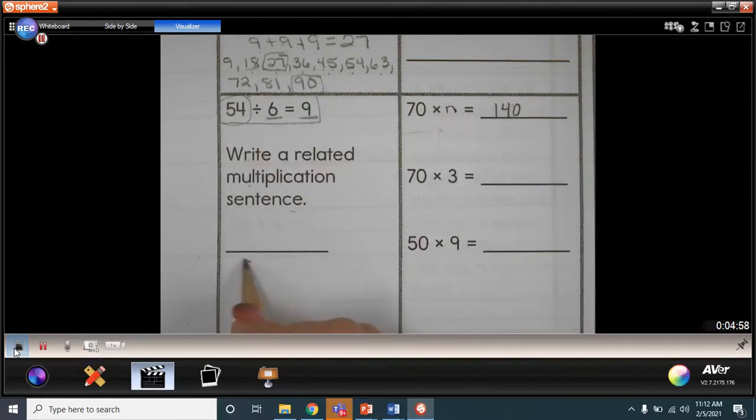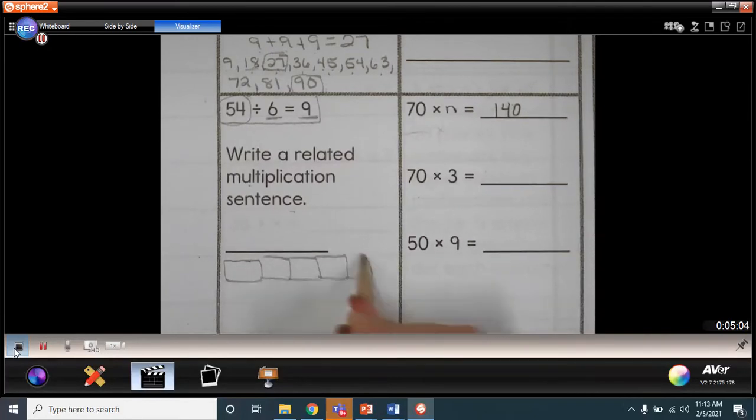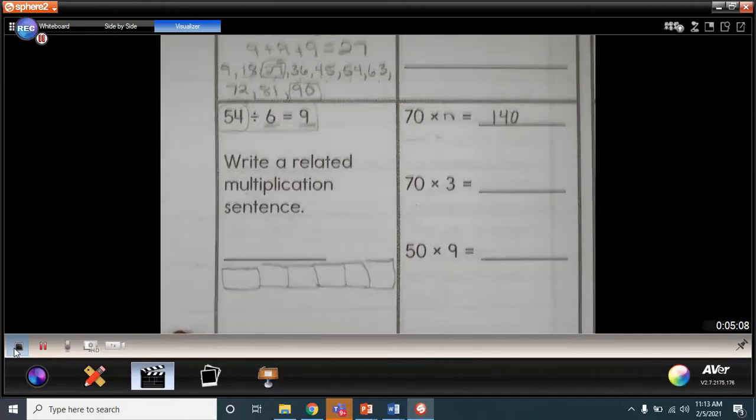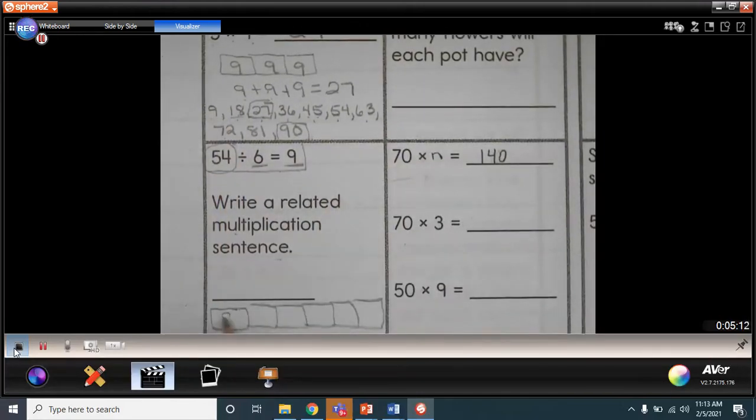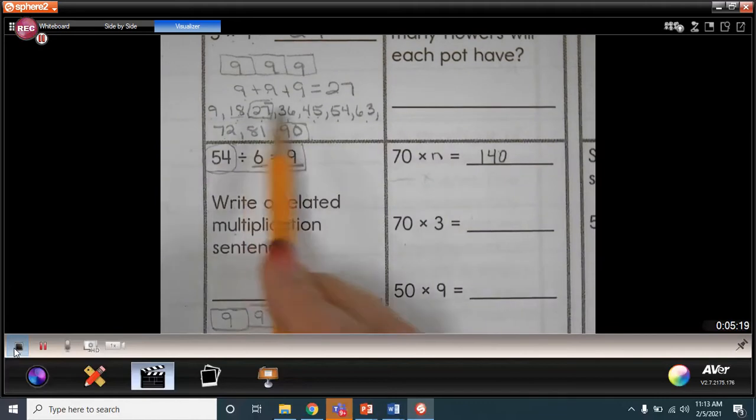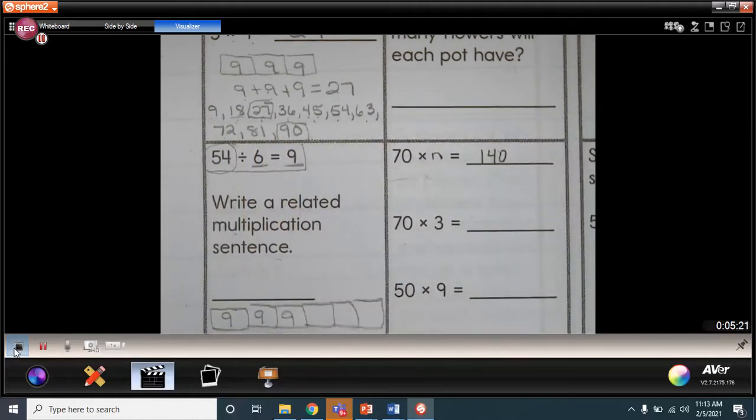How do we do that? Well, if I had 6 groups, and since I just talked about groups of 9, we can take this pattern up here and think about that idea. This would be 9. Another group would be 18. Another group of 9 would be 27. So that's 3 groups of 9.